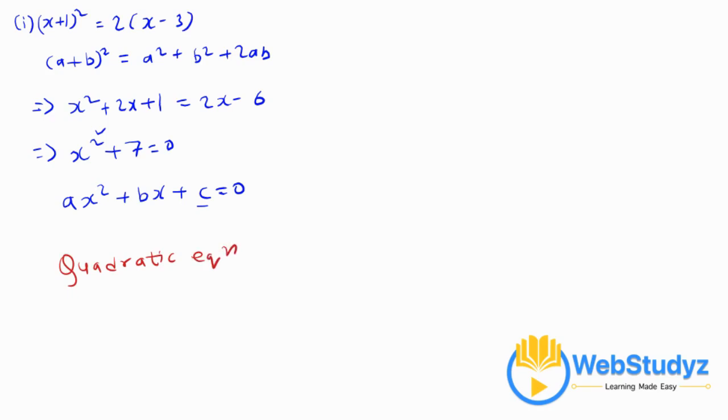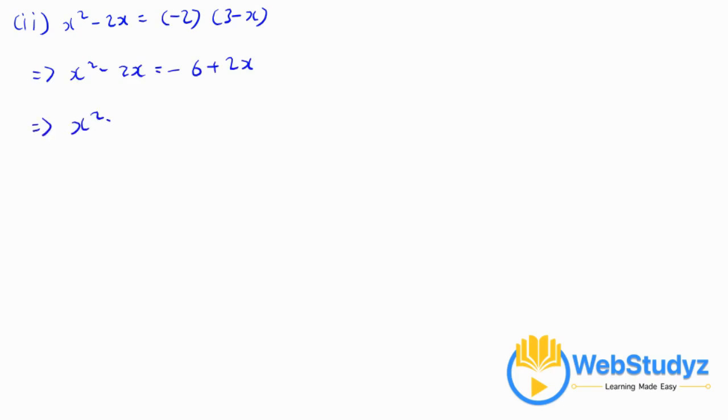Now move on to the second one, that is x² − 2x = −2(3 − x). Now solving this we get x² − 2x = −6 + 2x. Further solving this we get x² − 4x + 6 = 0.